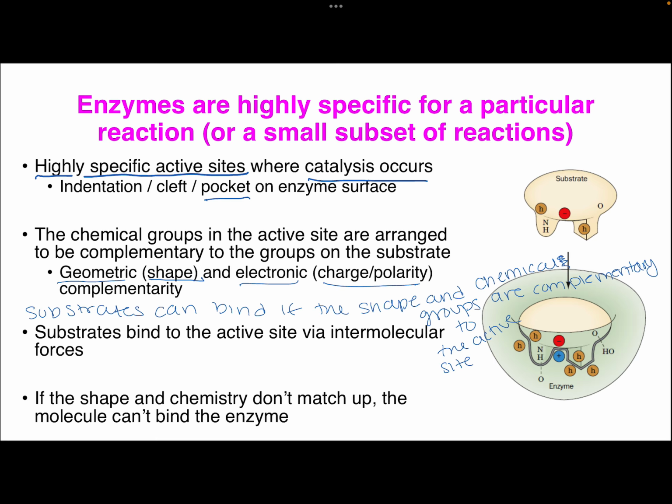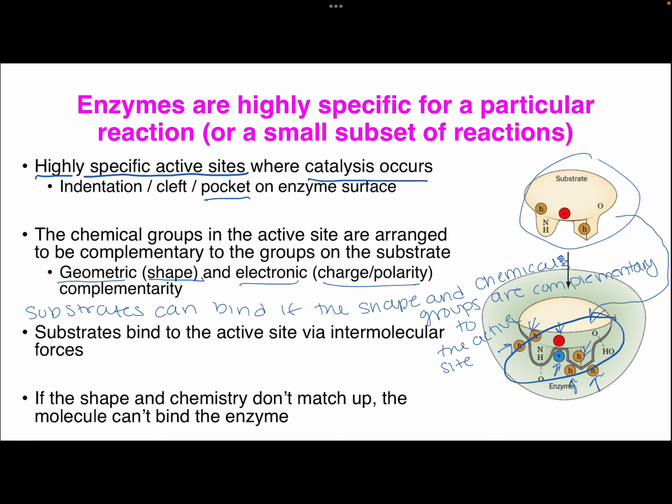So here you can see we have this active site with this very specific shape, and we have these little chemical characteristics that they're pointing out here. And then the substrate has a shape that's very complementary to this shape. Like that looks like it's going to insert right in there and be able to fit kind of perfectly. All right. So that allows the substrate to enter the active site.